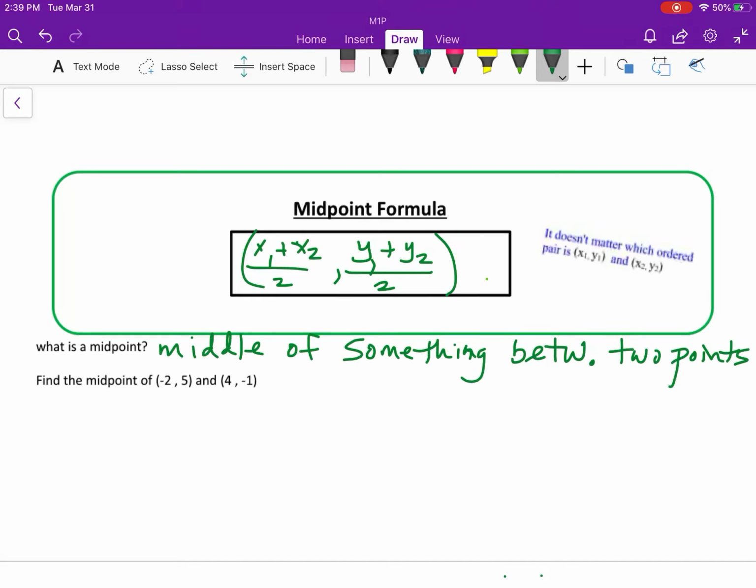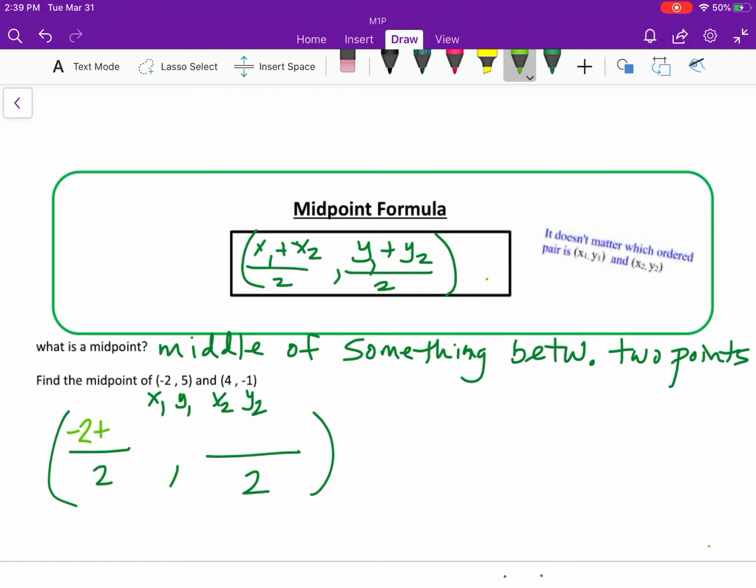So if I take these numbers here, again, literally set it up, there's my 2, comma, I always do this when I do these. Here's my x1, y1, my x2, y2. Plug in my numbers. Okay, x1 is negative 2 plus the x2, which is 4.